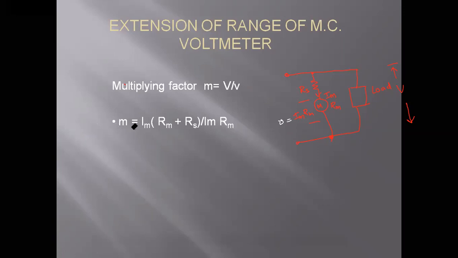So the multiplication factor M is equal to Im into (Rm plus Rs), that is capital V, over small v, which is Im into Rm.